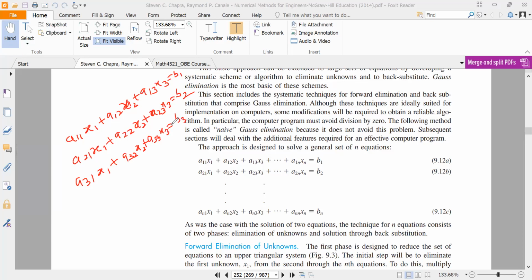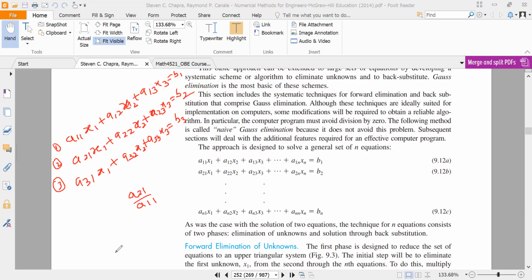In the elimination process, we find a factor, a21 divided by a11, and multiply equation 1 by this factor. This is equation 1, 2, 3.